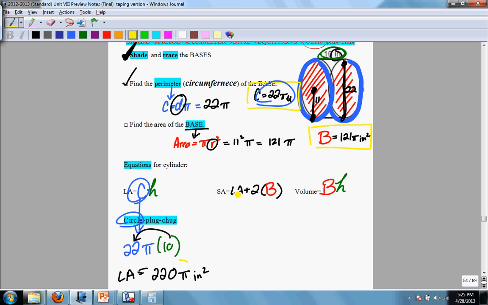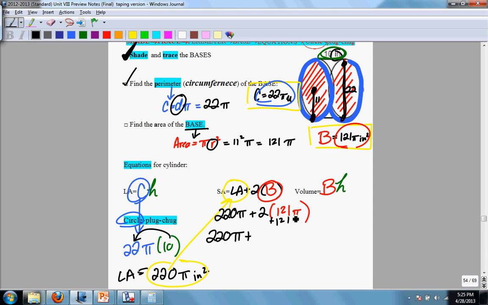Surface area is the lateral area. So circle, circle, plug it in. We have 220 pi plus 2. Circle that B. Pick up the B. 121 pi. So we're going to double 121. So we have 220 pi plus, just imagine another 121 here.